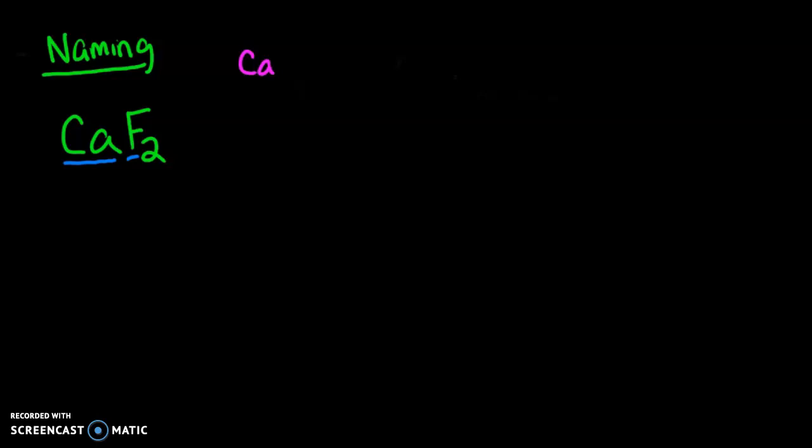And on my periodic table, I have that colored in as a metal. So this is a metal. And as a metal, it's going to be a cation, positively charged ion. It's going to give away valence electrons.